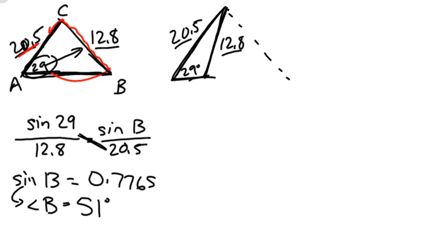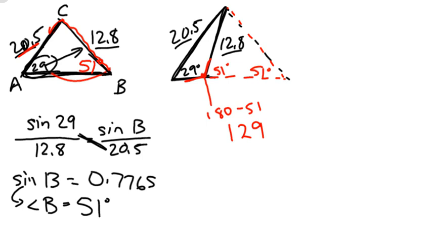So there's the solution for angle B, which is 51 degrees, which now remember in this second triangle, it said that 51 was down here, but that also means 51 is there. So this angle would be 180 minus 51, which would be 129 degrees.